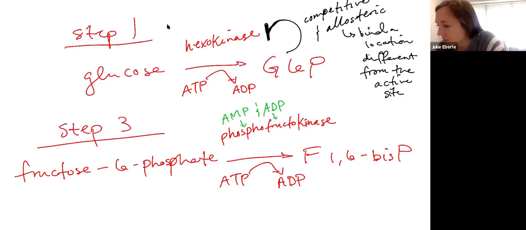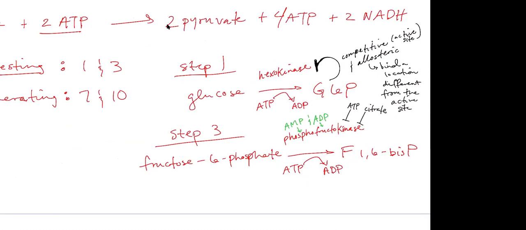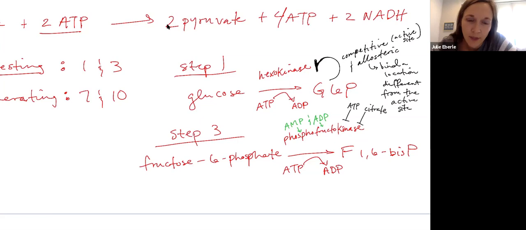And in black, the ones that inhibit are ATP and citrate. So if energy is in good supply and we have a lot of ATP, we inhibit this because we don't need to run it. We don't need to make more ATP.